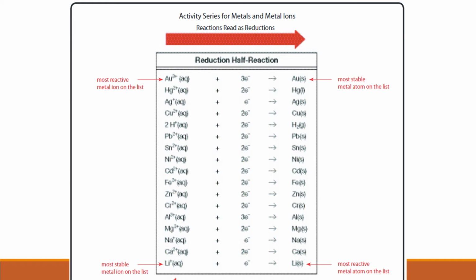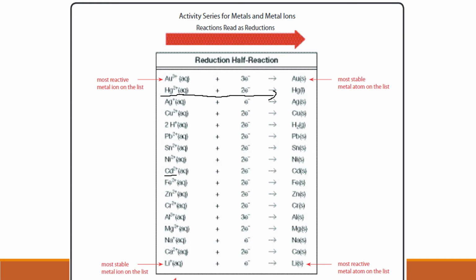So if we looked here, we can see here was my Hg molecule as an ion, and then you can see, as we said, it was a reduction, and everything on here is listed as a reduction reaction, and it's all this direction. So it's all going from ions to our solids. However, how does that work?